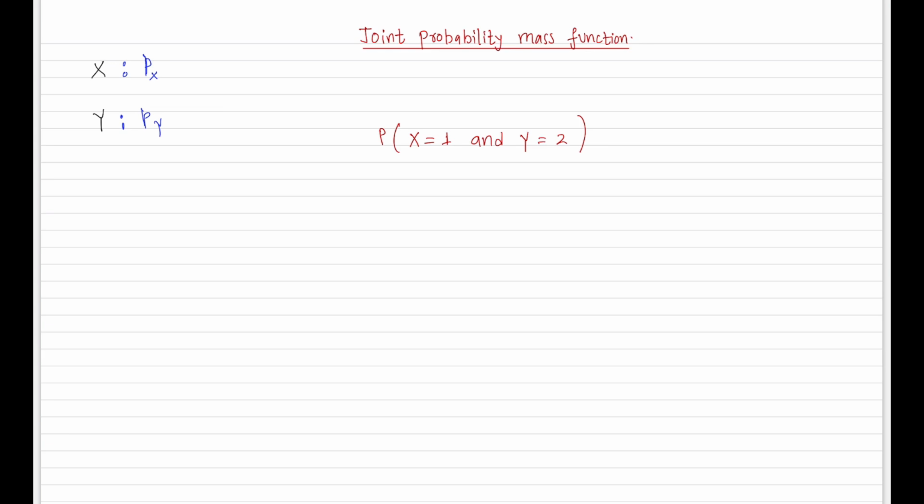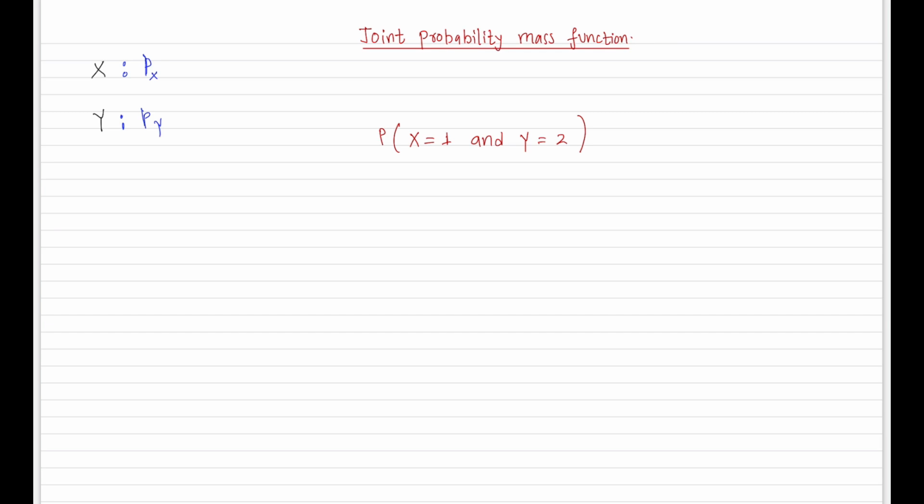In the case of a single random variable, the probability that random variable X will take the value little x, we have indicated with the notation small p subscript X. So this small p is the probability mass function, and this subscript X tells you which random variable you are talking about. That is the notation for the PMF of random variable X, and likewise for random variable Y.